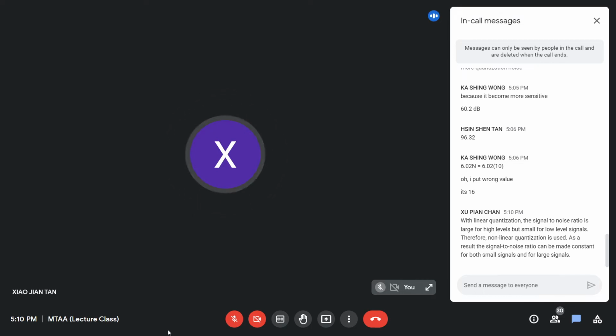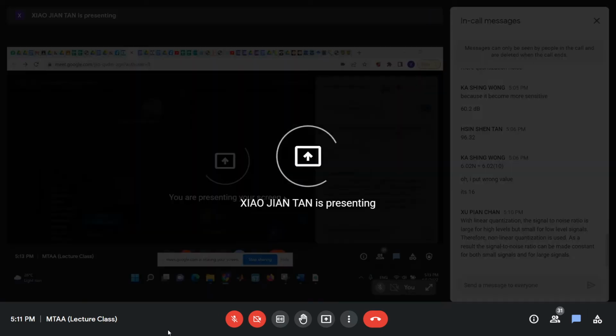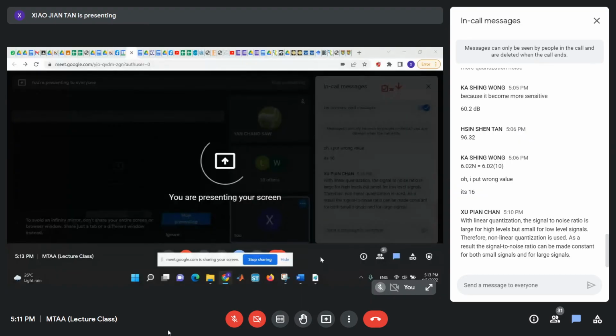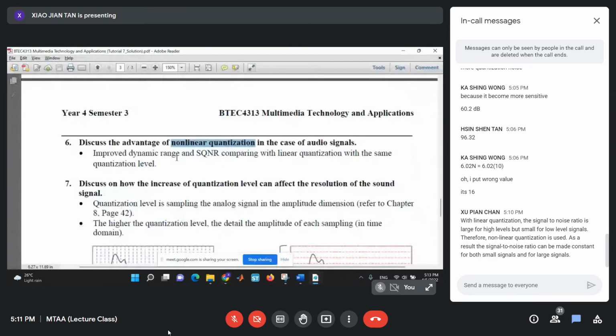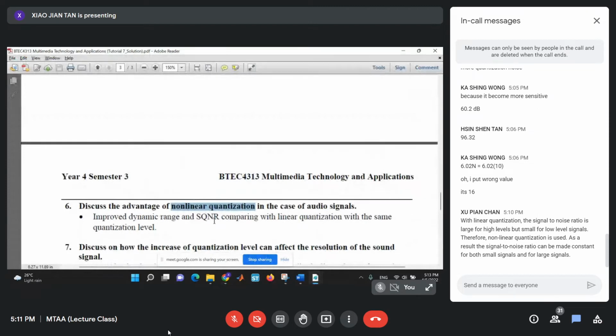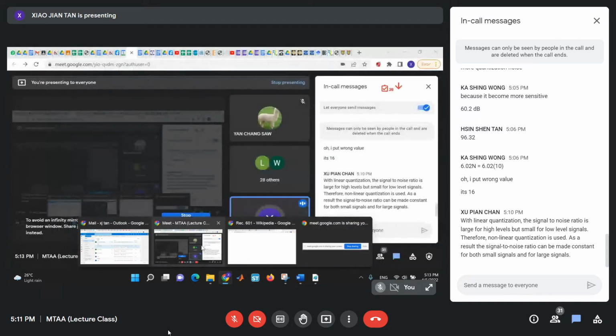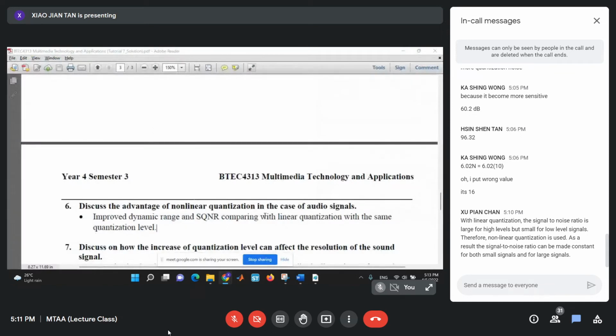Let me share my screen. Okay, so basically non-linear quantization improves dynamic range and SQNR compared with linear quantization at the same quantization level. This explanation is a bit different from what was given earlier, but her answer is correct as well.